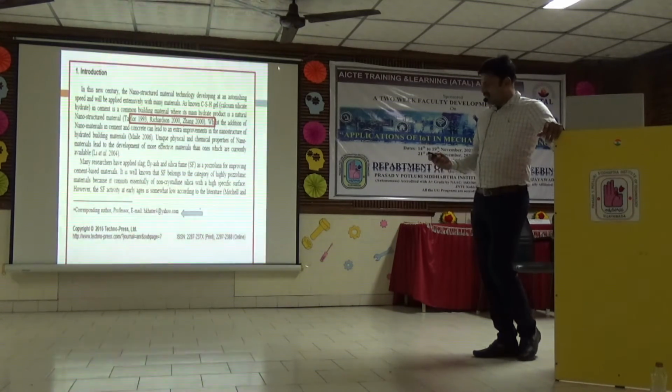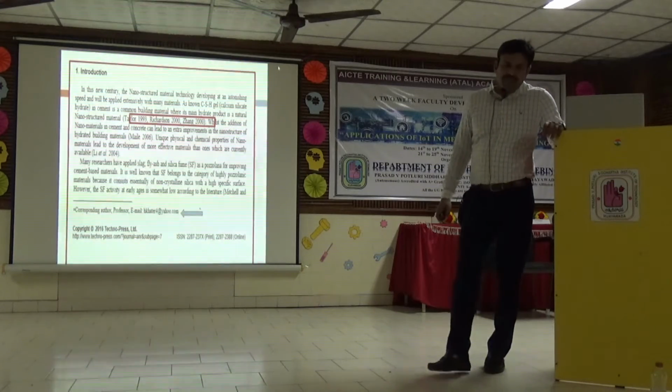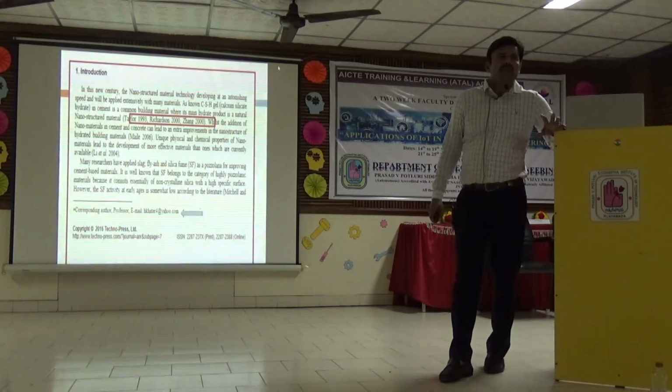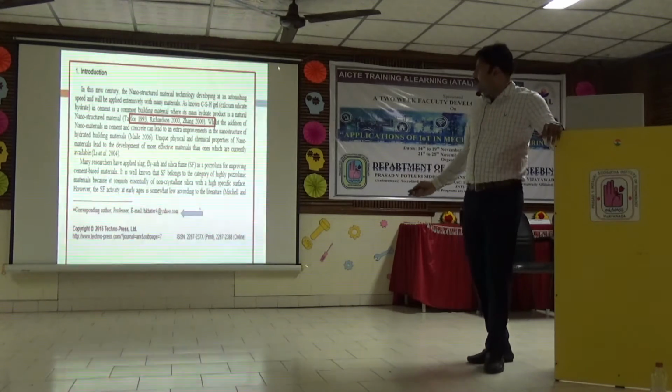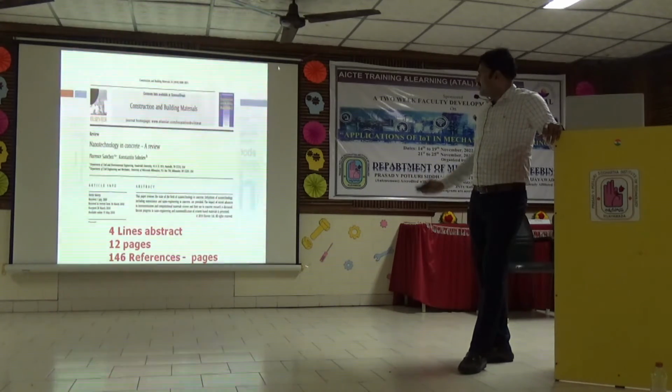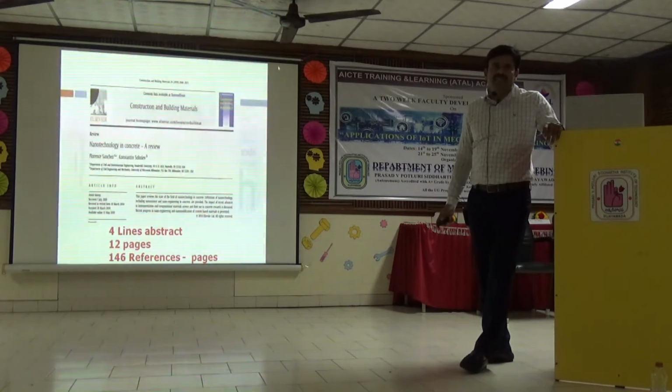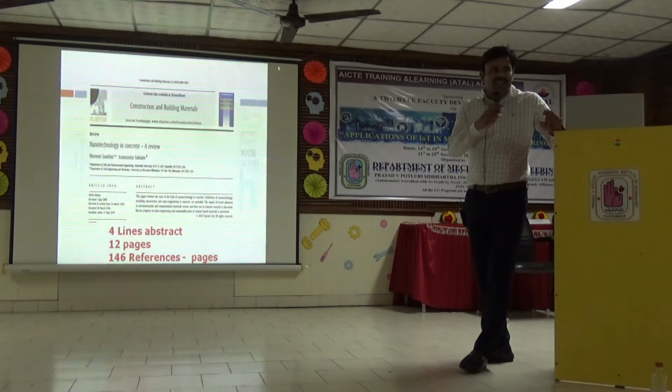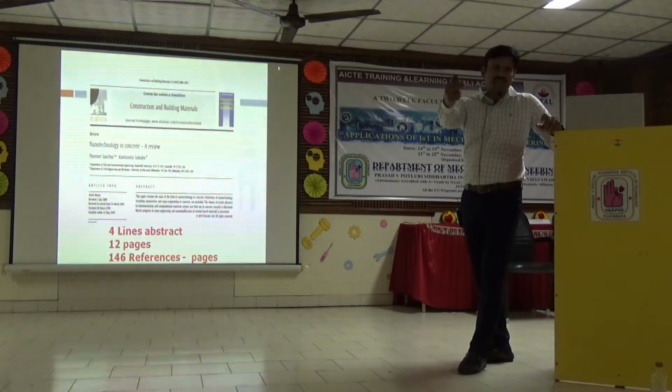And many times we do review papers, not less than 60 papers. Let me show you one review paper. This is a nanotechnology review. There are 146 references. Each and every line you are collecting from other papers.